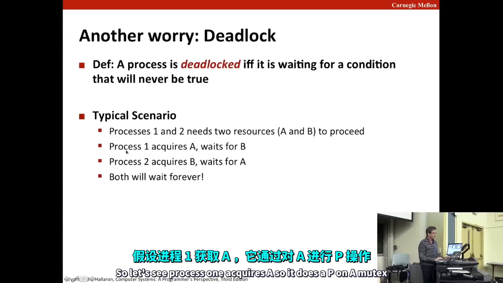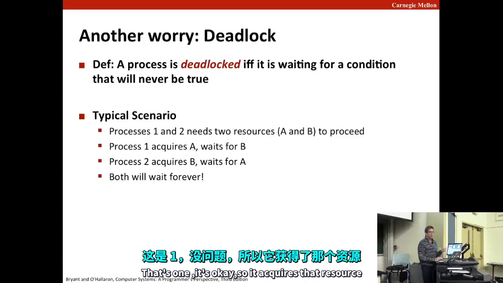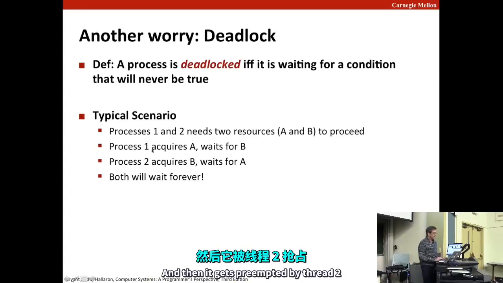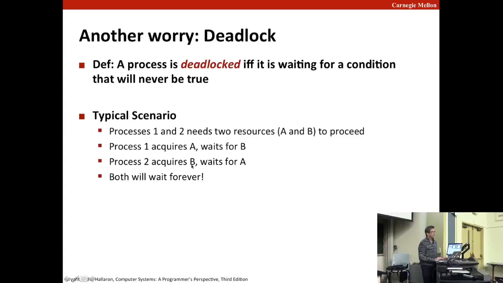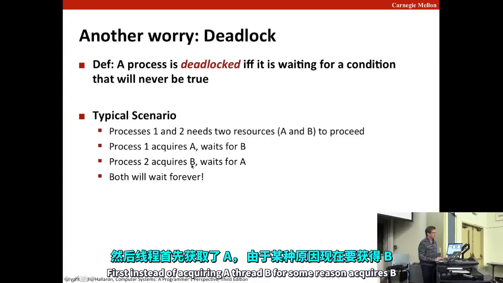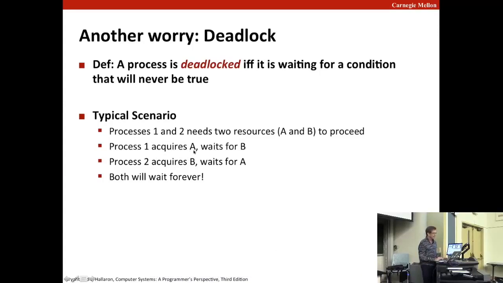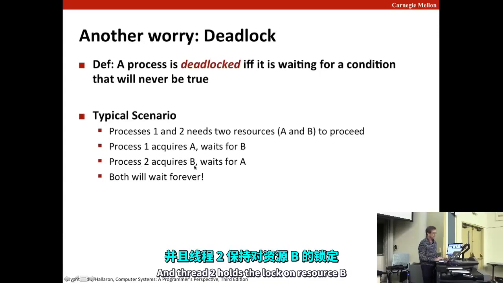So let's say thread 1 acquires A. So it does a P on A's mutex. That's 1. It's okay, so it succeeds. So it acquires that resource. And then it gets preempted by thread 2, which acquires B first. Right? Instead of acquiring A, thread 2, for some reason, acquires B. So now thread 1 holds the lock on resource A, and thread 2 holds the lock on resource B.